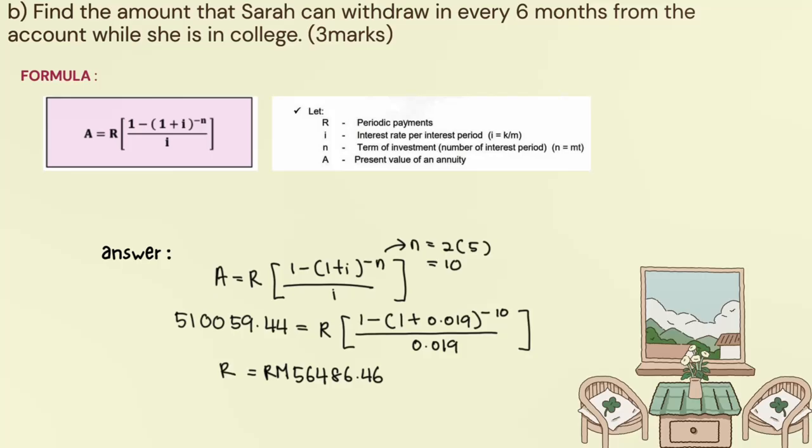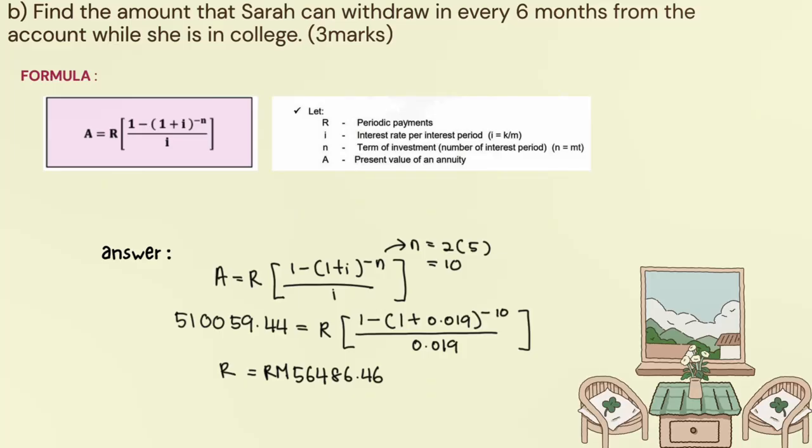B. Find the amount that Sarah can withdraw every 6 months from the account while she is in college. The formula for this question is A equal to R times 1 minus (1 plus i)^-n, divided by i. Now, we have to find n first because it says every 6 months for 5 years. n equal to 2 times 5, which gives 10.